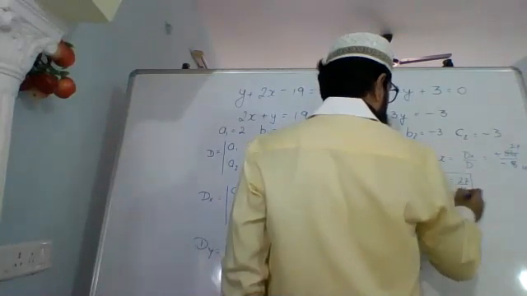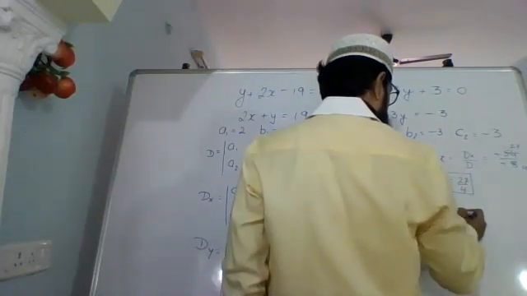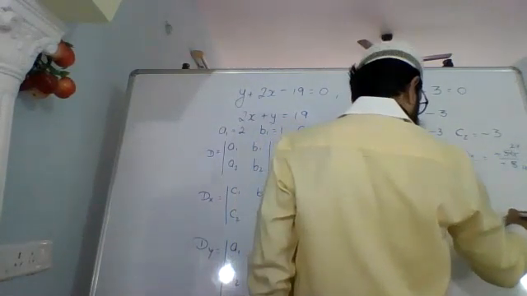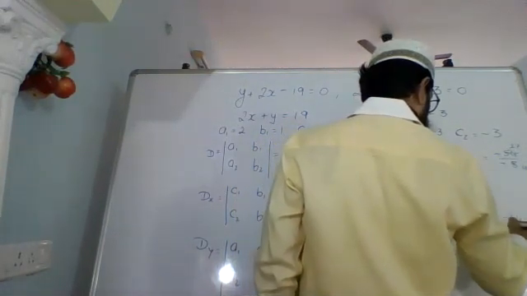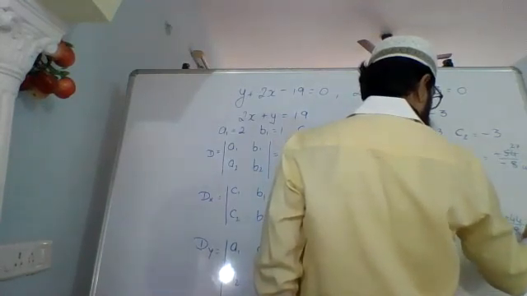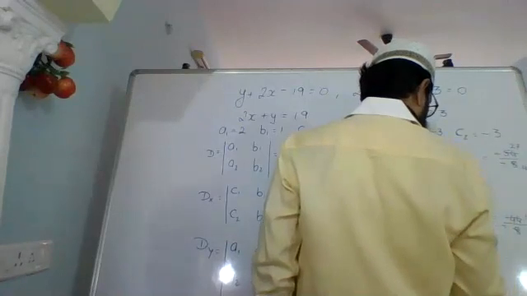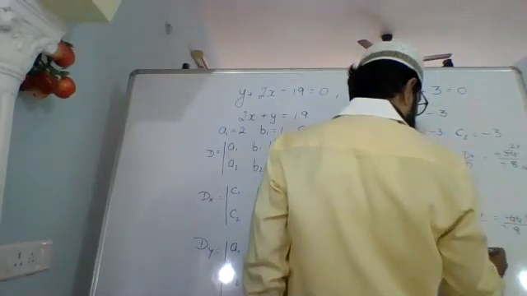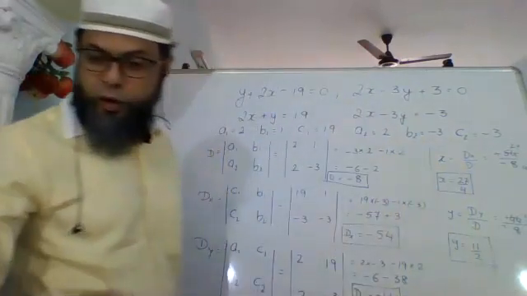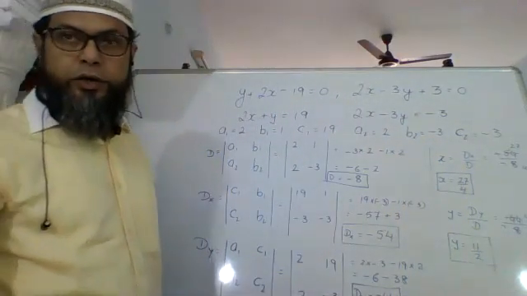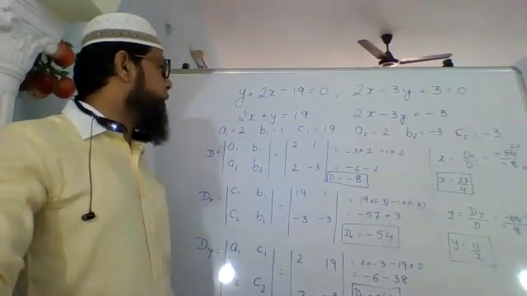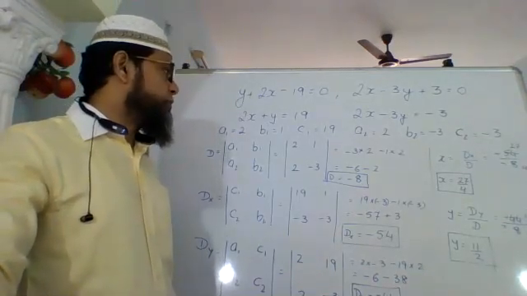I need to check this, but we will see that. Let's take y equals Dy upon D, which is minus 44 upon minus 8. Again, minus minus cancels. 4 2s are 8, 4 11s are 44. y equals 11 upon 2. Whether this is the right answer or not, you can check by substituting those values in the given equations.